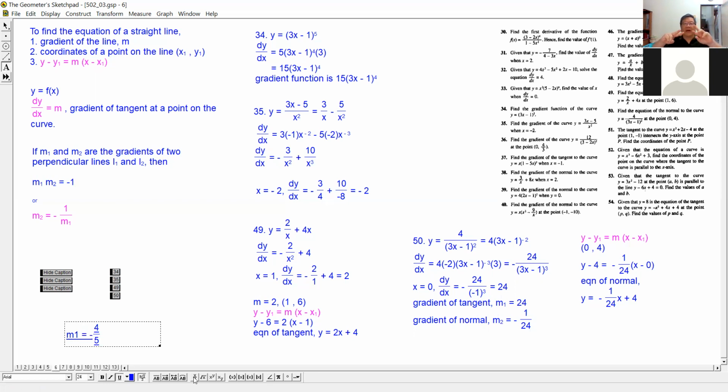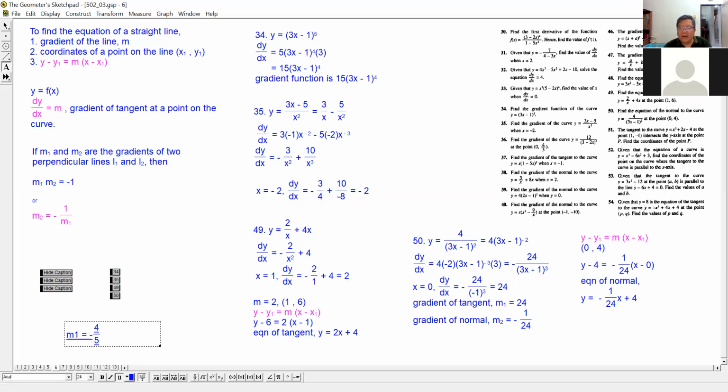If positive, you make it negative. If negative, you change to positive. So m2 is positive 5 over 4. It's as simple as that. So don't try to calculate and find the gradient of the normal. Just flip the number, flip the sign, and you will get the answer.